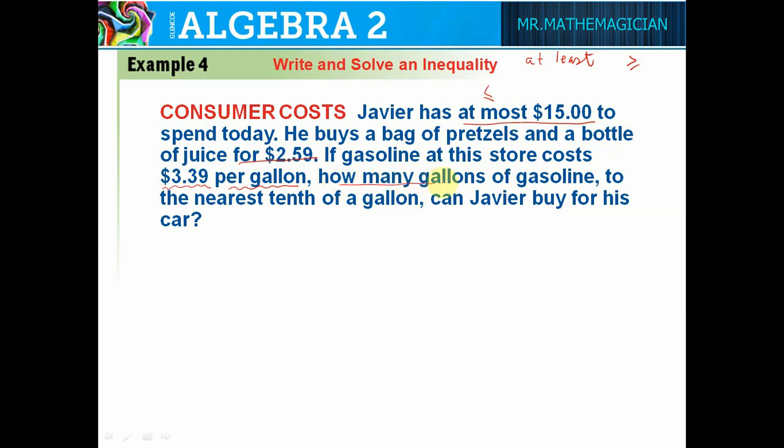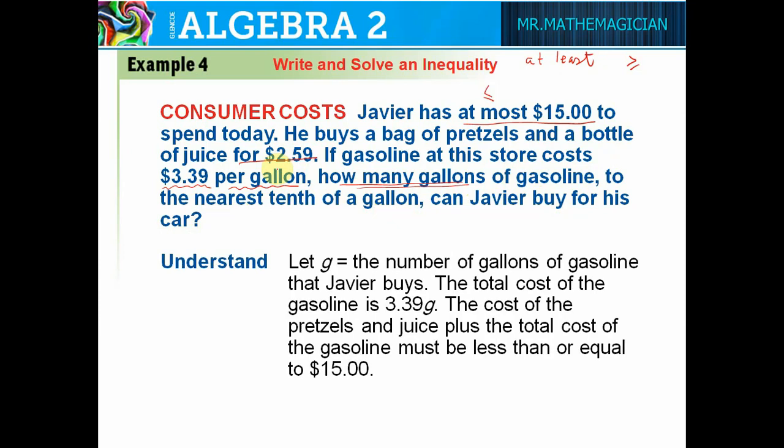How many gallons? This is the question. How many gallons of gasoline to the nearest tenth of gallon can Jafir buy for his car? Of course, after cutting out the amount that he paid for the pretzels and a bottle of juice.